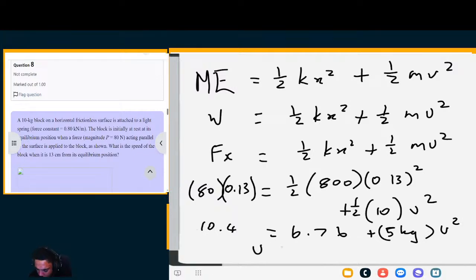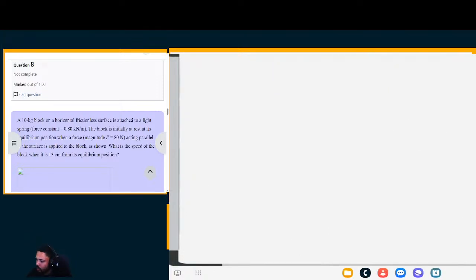You have that v squared is equal to 0.728 meters squared per second squared. That is v squared.